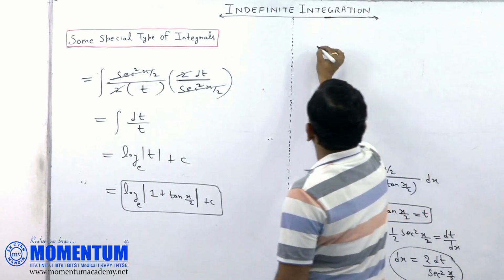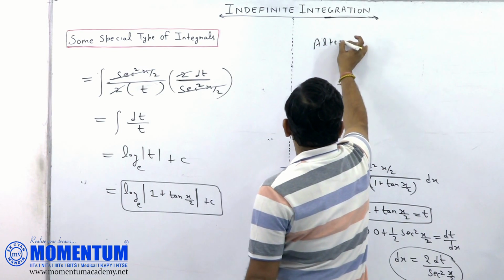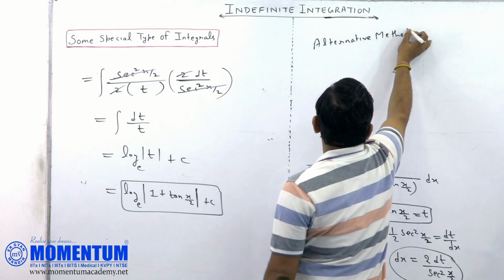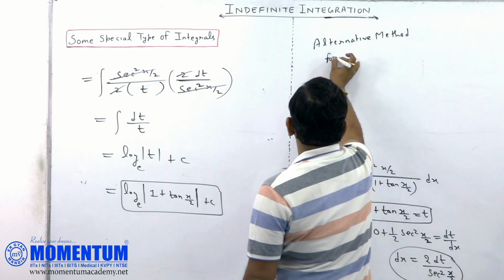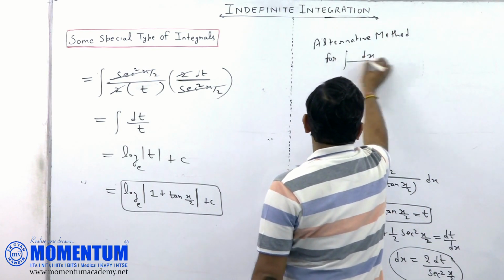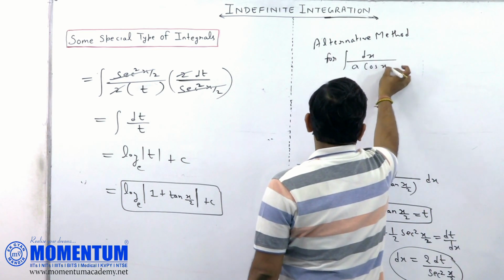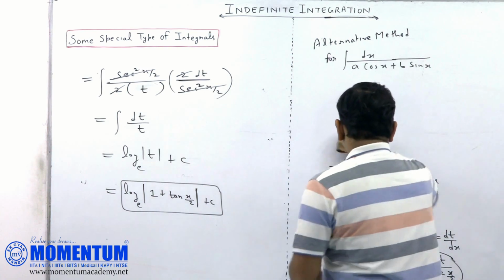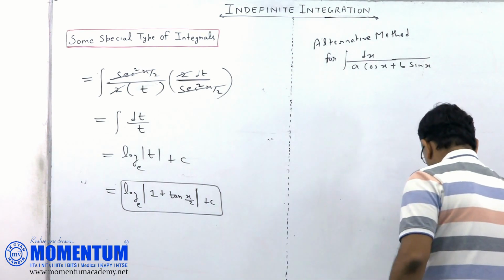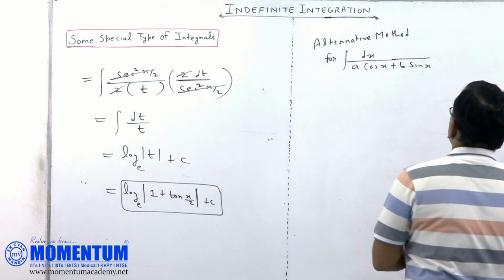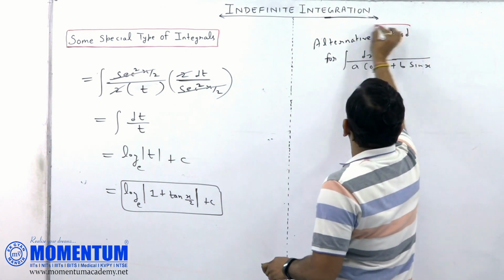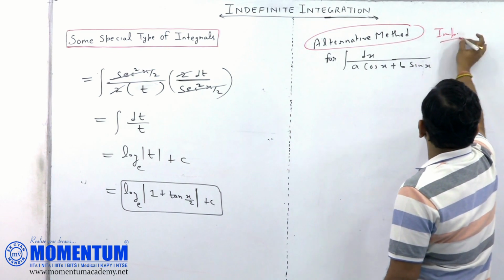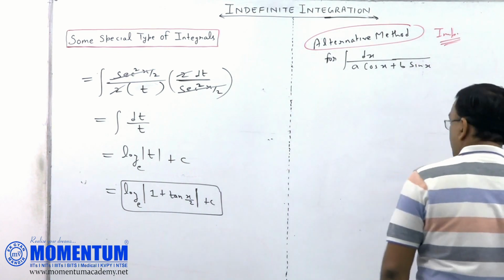Now we have an alternative method for integration of 1 upon a cos plus b sine, and it is an important one.